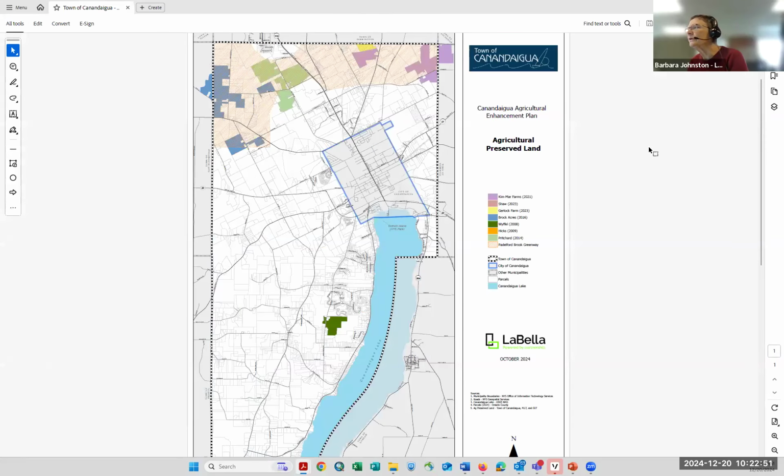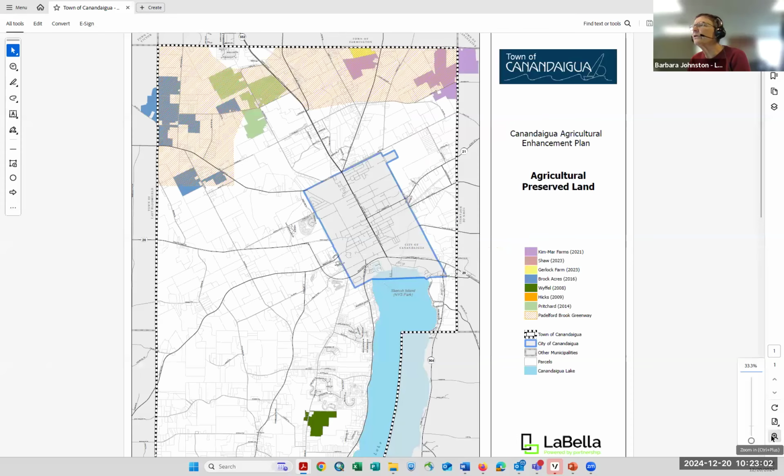There's some newly preserved farmland that we wanted to show, and that's what this map updates. I'll zoom in a little bit. There's some new preserved farmland that wasn't included in the previous plan, so we've updated to include those.